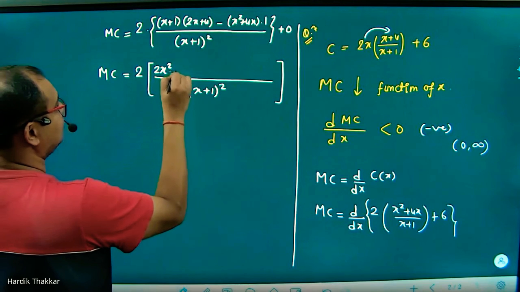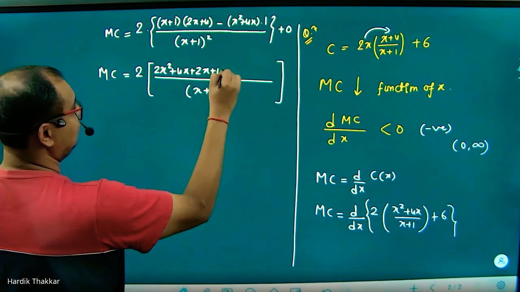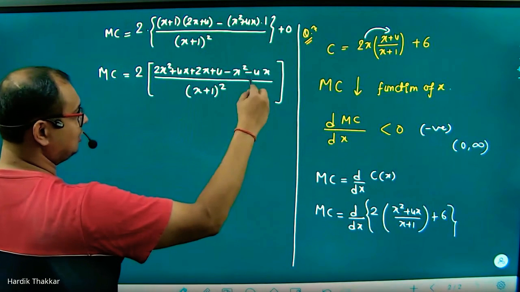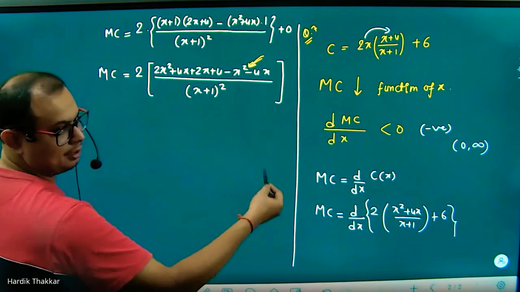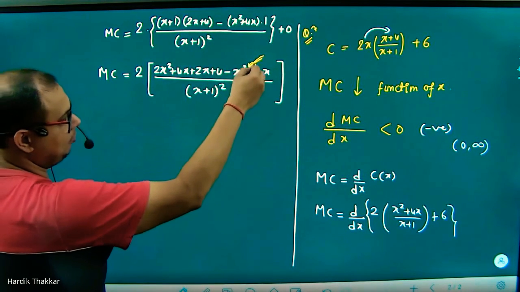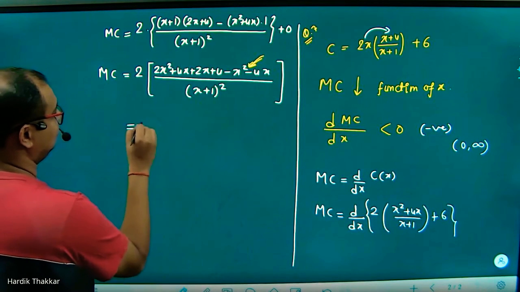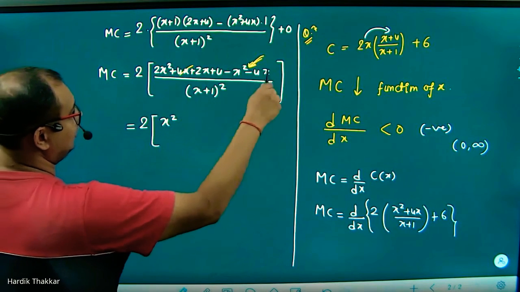So it will be 2x square plus 4x plus 2x plus 4, and this term will be minus x square minus 4x. Just remember you have to put the sign carefully, because many times students keep this sign as positive. So pay attention to this. So 2 times it will be x square, and plus 4 minus 4 gets cancelled out.